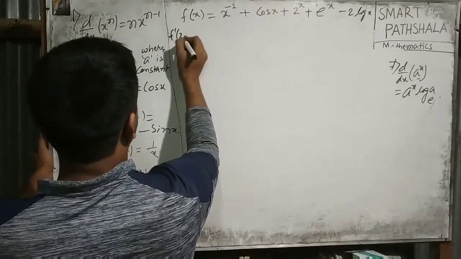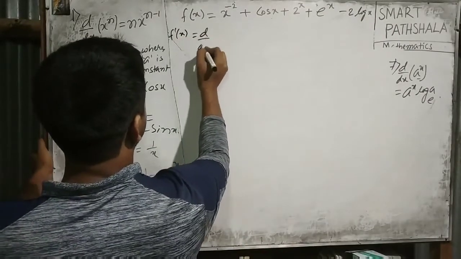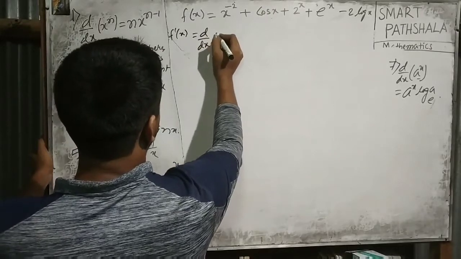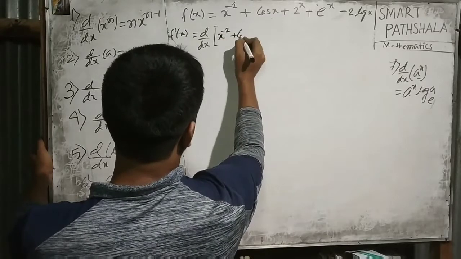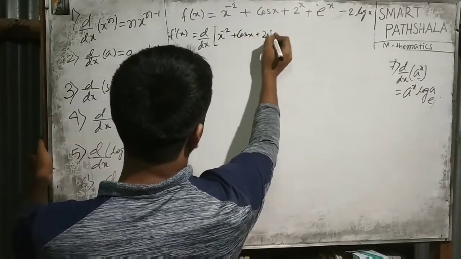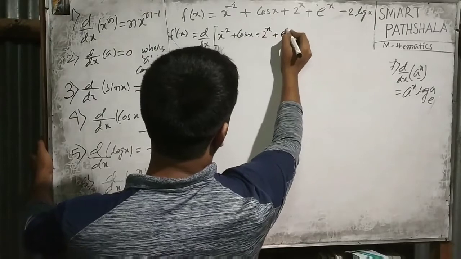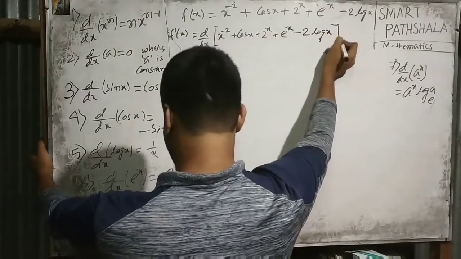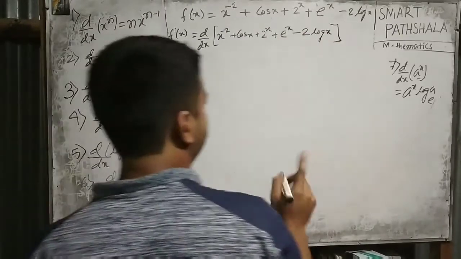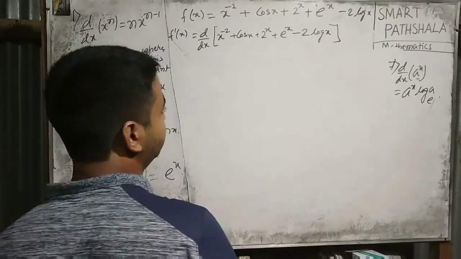Now f dash x is given as d/dx of this whole thing, x to the power minus 2 plus cos x plus 2 to the power x plus e to the power x minus 2 log x, right?